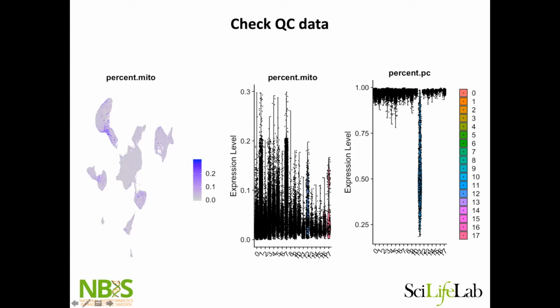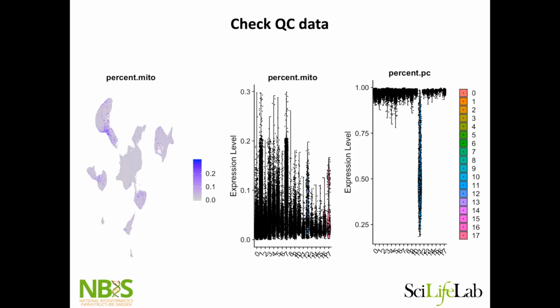So if you see these kinds of patterns, think about what they mean. Is this a technical artifact? In this case, for this cluster, for sure, I would go back and think about filtering, remove those cells and rerun clustering. Maybe also go back to percent mitochondria, redo some filtering there, and then rerun my clustering again.